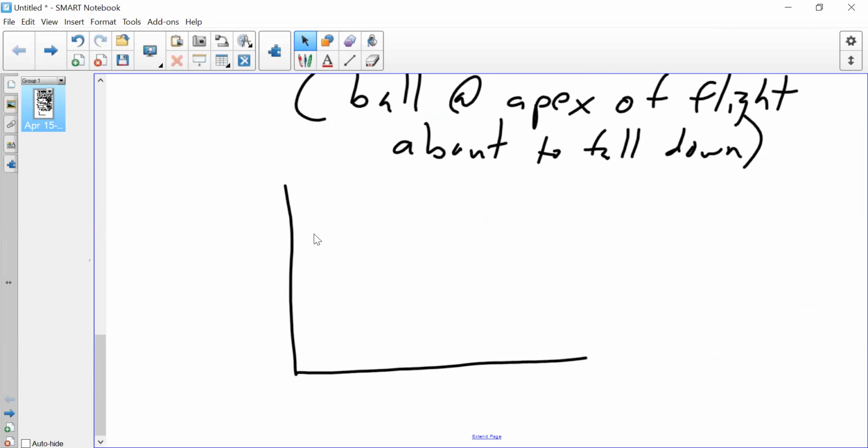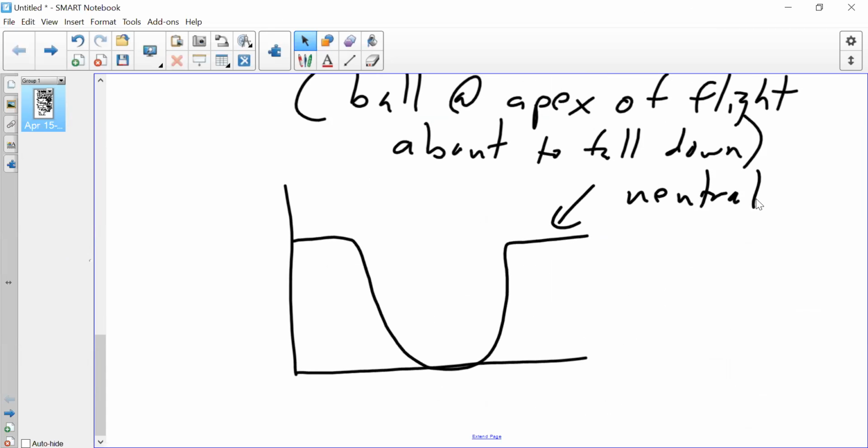So for example, if we have a graph like this, these are points of neutral equilibrium when the potential energy is a constant for all x, whatever that domain is, or that interval, right?